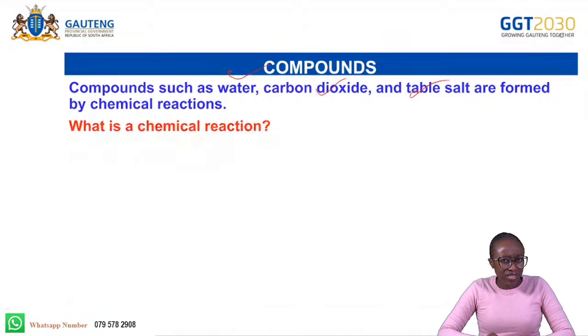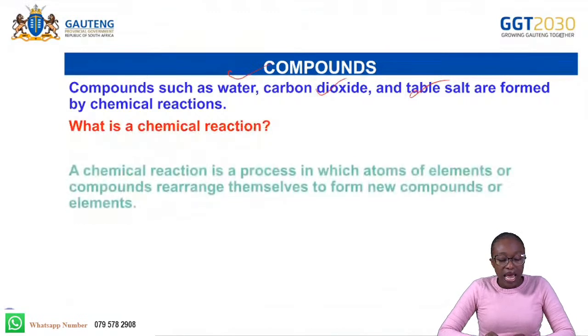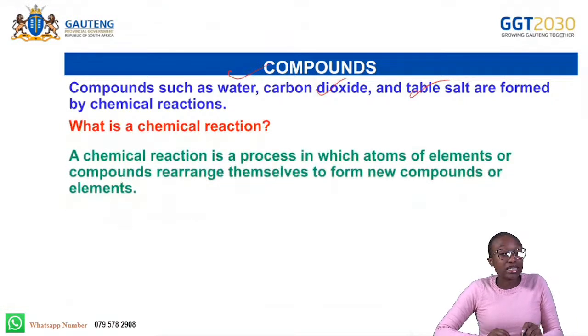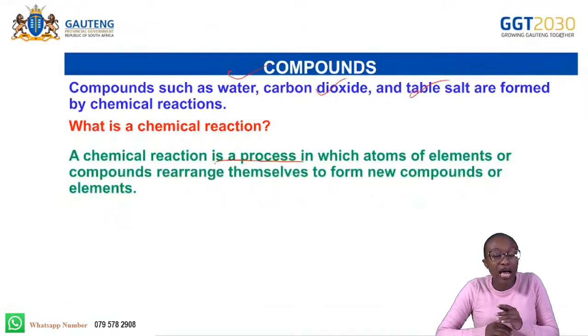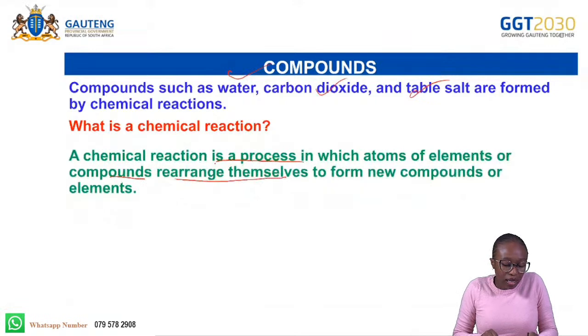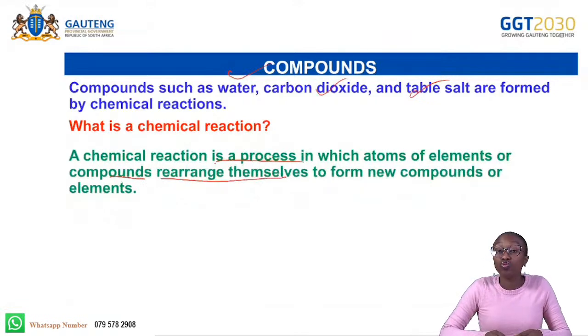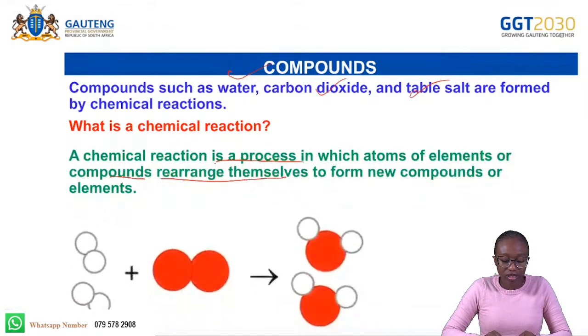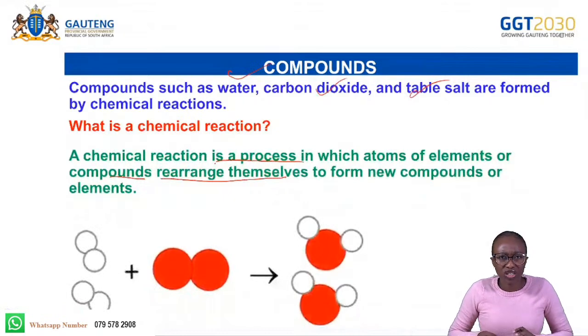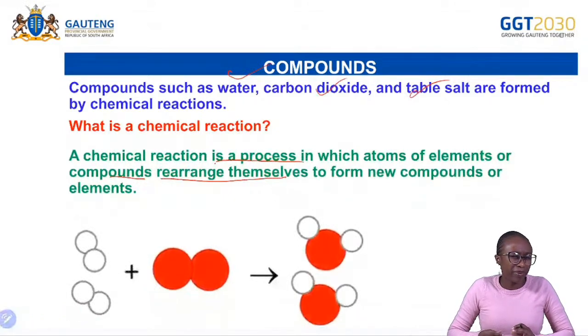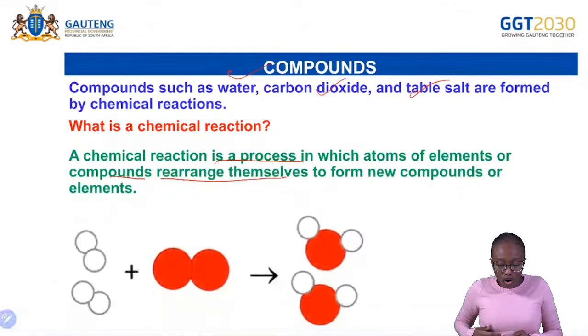Do you remember what a chemical reaction is? A chemical reaction is a process in which atoms of elements or compounds rearrange themselves to form new compounds or elements. So I've got an illustration here just to show you what I mean by what is a chemical reaction. So we have got two molecules of elements here.